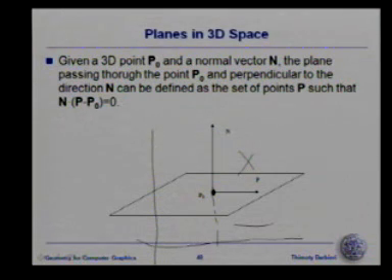I mean, this is the origin, right? This is D, right?